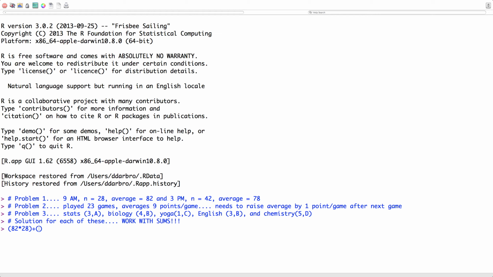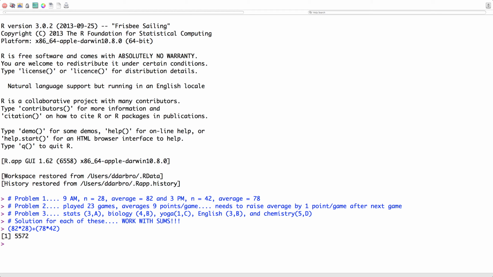I want to add 78 times 42 for the 3 p.m. class. So what I did here is I took the mean for the first class times the number of students for the first class, the mean for the second class times the number of students for the second class. And you can see that R works just like your graphing calculator in that not only does it do statistics, it also does basic arithmetic operations.